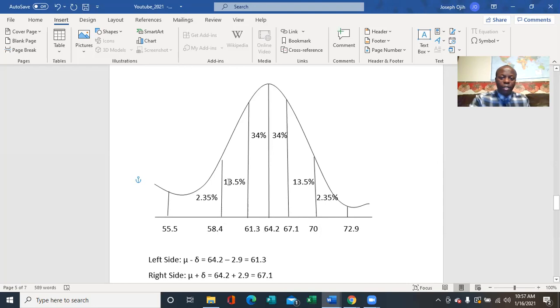You can see that the percent is from this one and that one, which is 13.5% and 34%. So these are the percent of women whose height are between 58.4 and 64.2 inches. So we add the two of them, you get the answer.